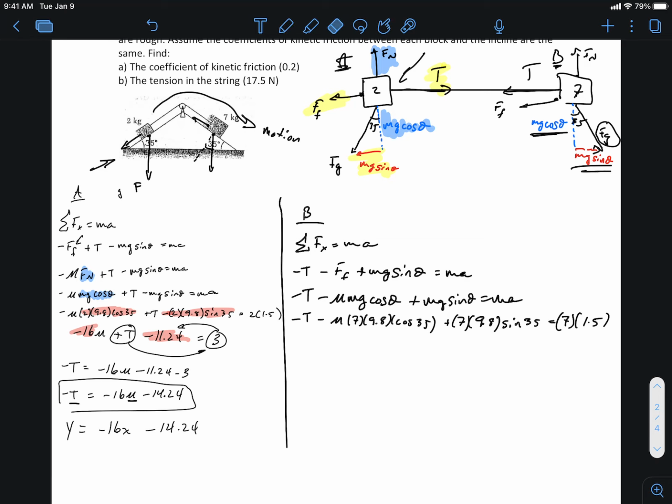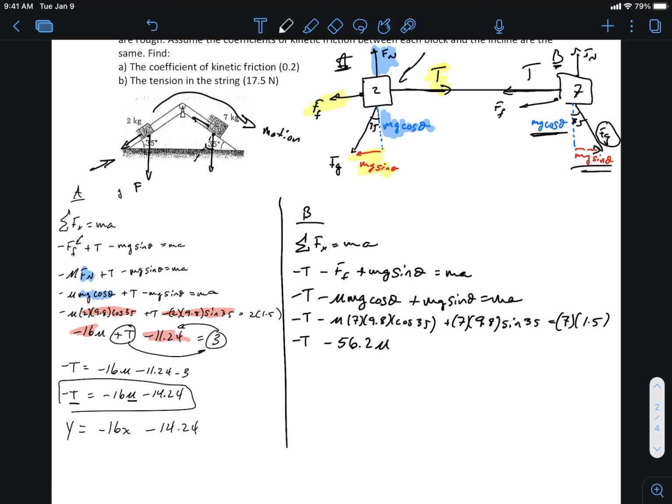Well, let's just clean this up. We're just going to get some numbers and clean it up, right? You should see, if I were to clean all this up, negative t, and then on the mu value, I should see negative 56.2 mu. Okay.